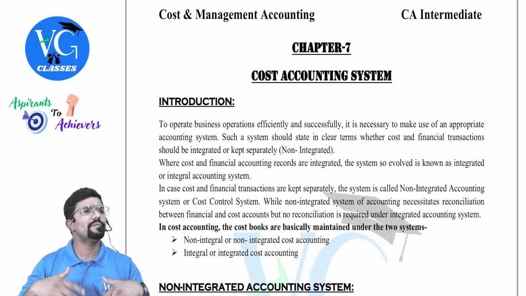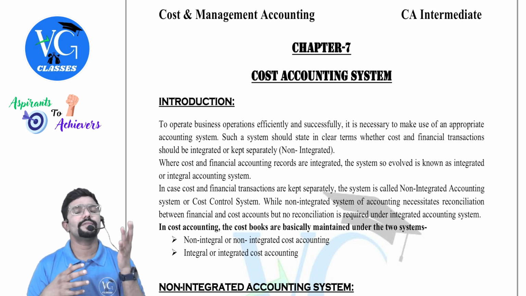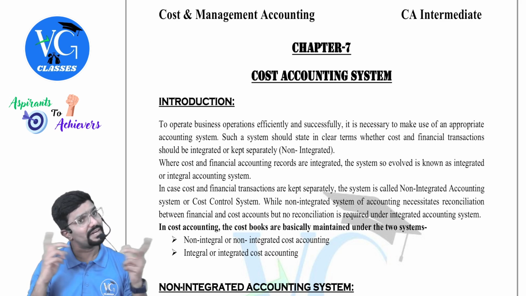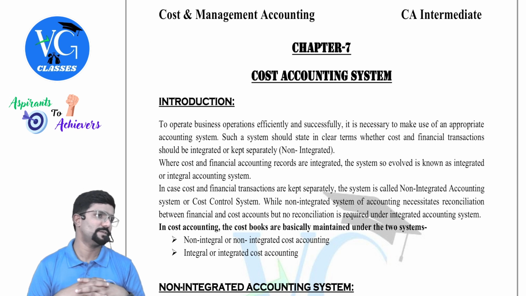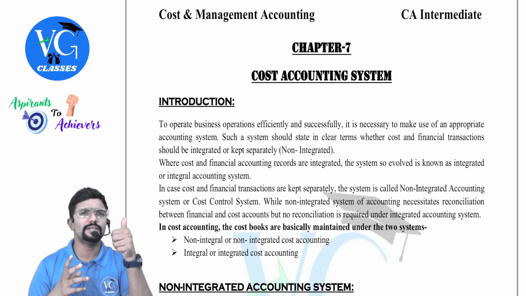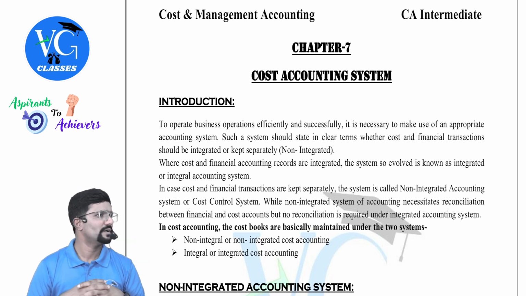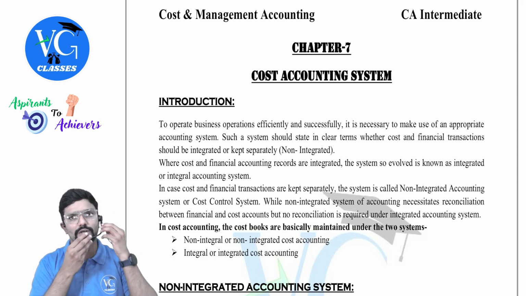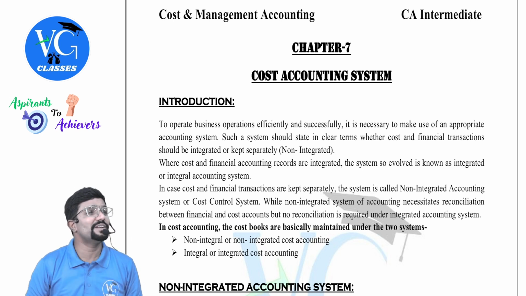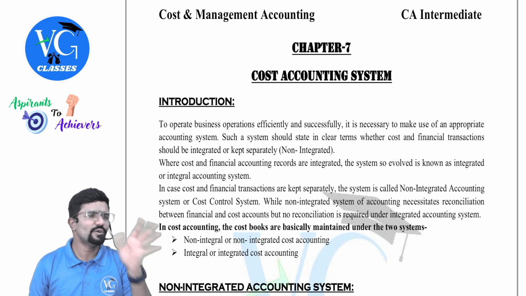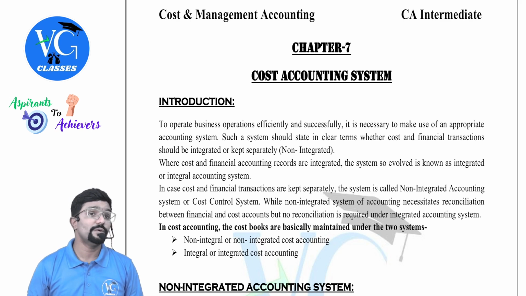Over and above this, there might be a few transactions which I will record in both books, but with different amounts, especially depreciation and valuation of stock. Same way, there can be a few transactions recorded only in costing books, for example notional items.